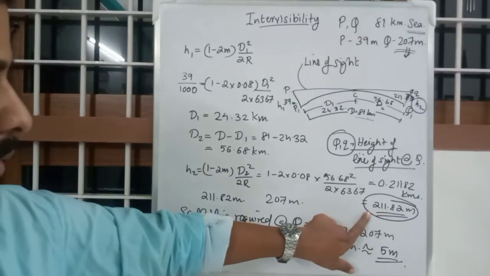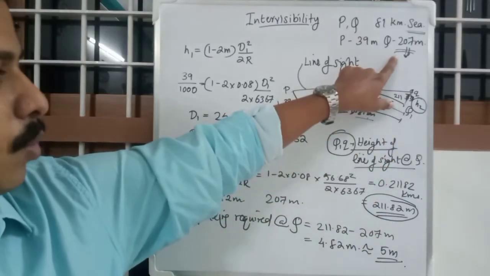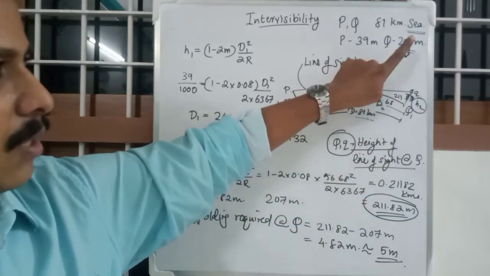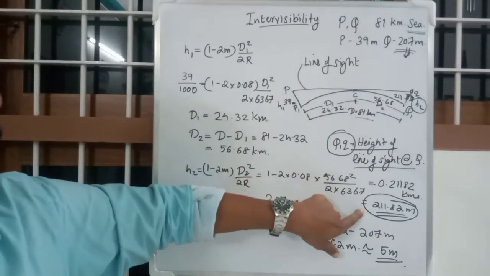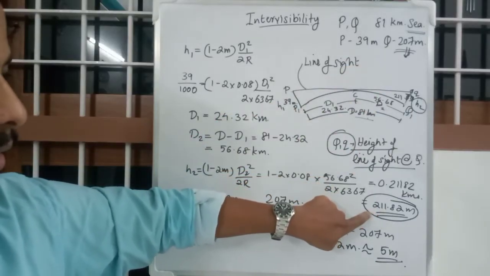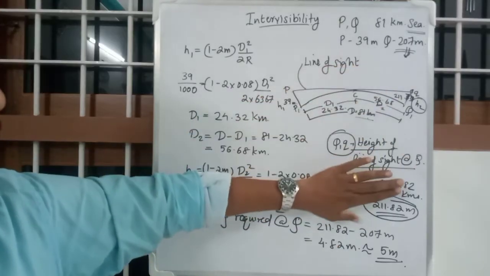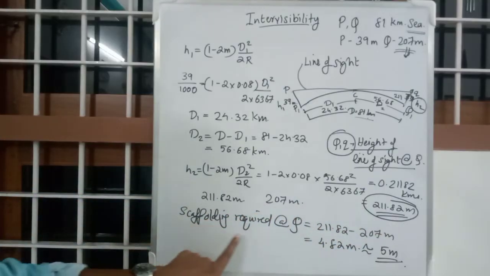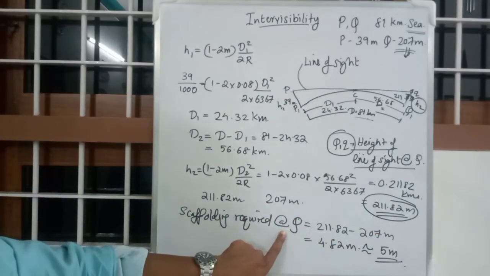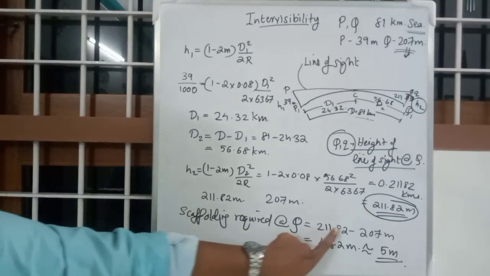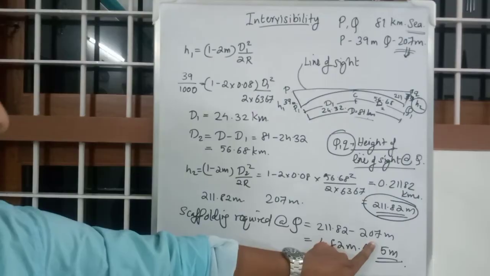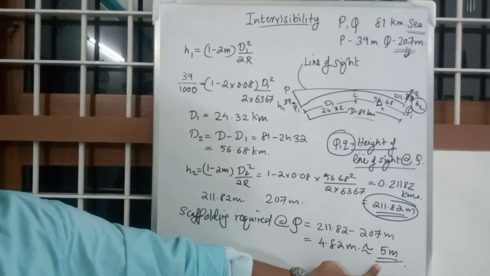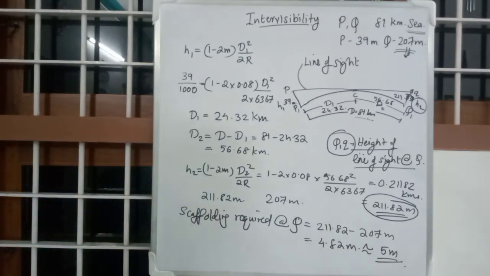Comparing it with the actual height of Q, we inferred that currently Q and P are not intervisible, as 207 was less than 211.82. Suppose this value was less than 207, P and Q would have been intervisible. Then we designed scaffolding required at Q to become visible from P. That is the difference between height of line of sight and actual Q, approximately 5 meters. That is how you calculate intervisibility.